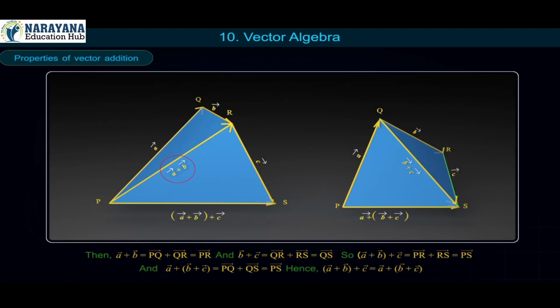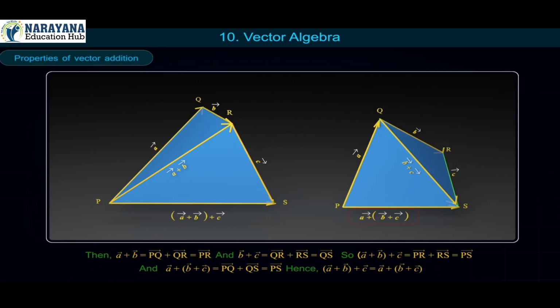Then, vector a plus vector b equals vector PQ plus vector QR equals vector PR, and vector b plus vector c equals vector QR plus vector RS equals vector QS. So, (a + b) + c equals vector PR plus vector RS equals vector PS.